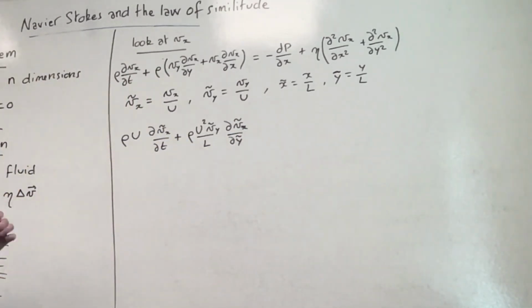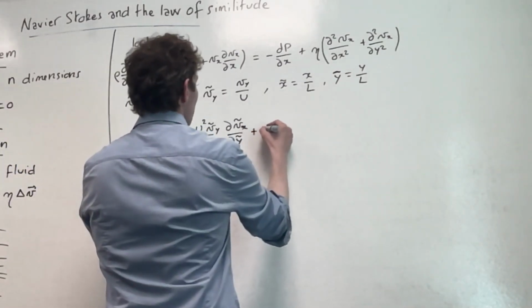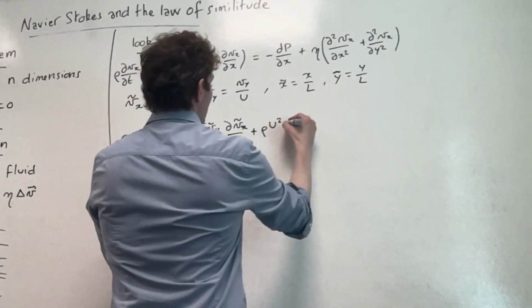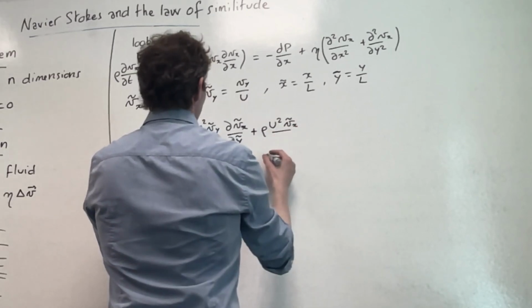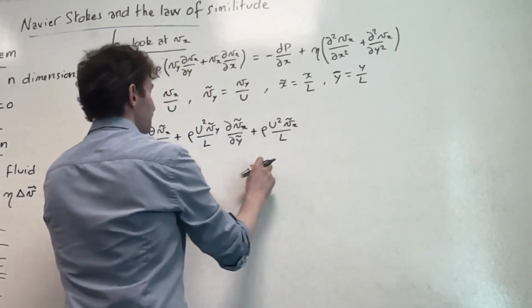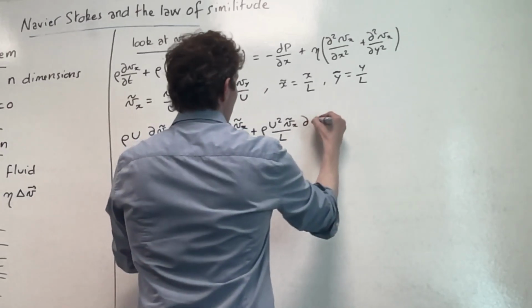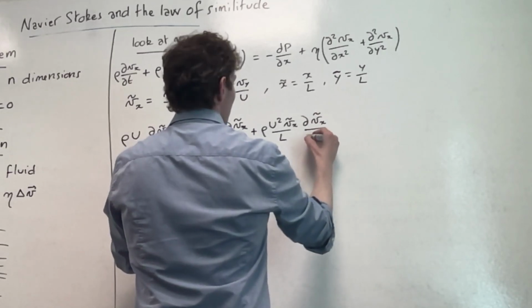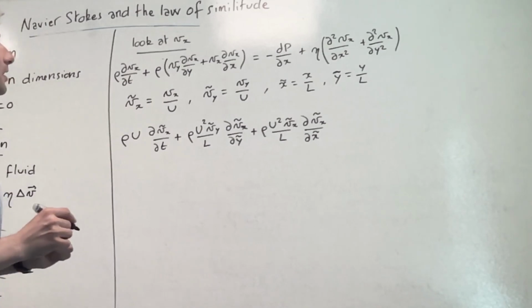I need to be careful here because it's easy to make mistakes. This is going to be the same for the other one, so rho u squared Vx divided by L, and then d Vx tilde dx tilde. So that's this term here.